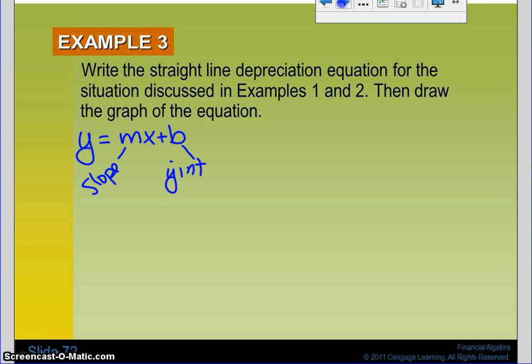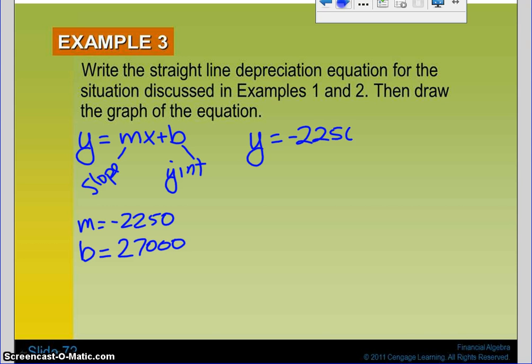So looking at this, I know that my slope was negative 2250, and I know from the first question that my y-intercept is $27,000. It's that brand new car value and where it crosses the y. So now I simply plug it into my equation, and I've got y equals negative 2250x plus 27,000.